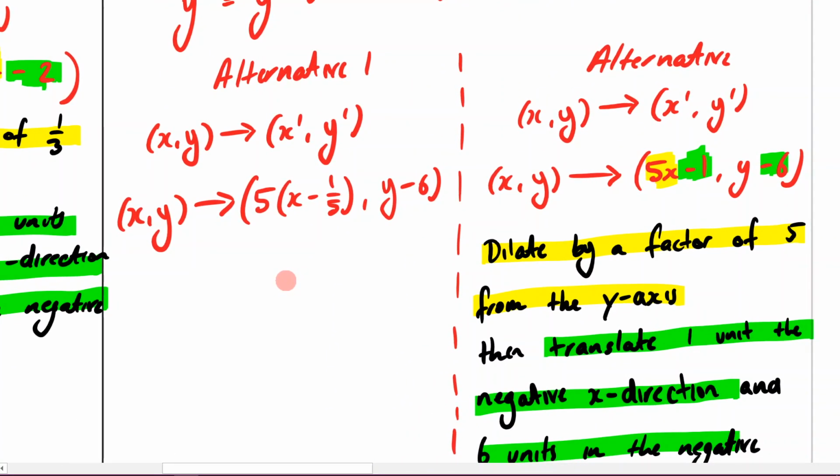Okay, let's now write our answer. What you need to realize is, what is the first thing that happens to my x? Is it dilated or is it translated? Well, because of the brackets, it's translated first. So the way that you'd read this is, I first translate 1 on 5 units in the negative x direction.